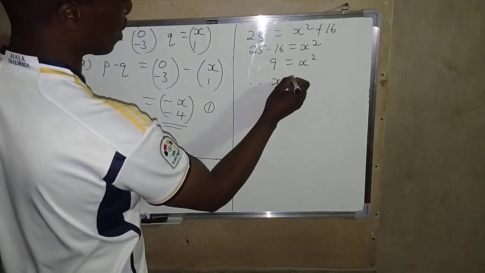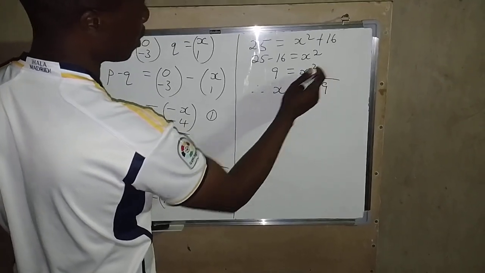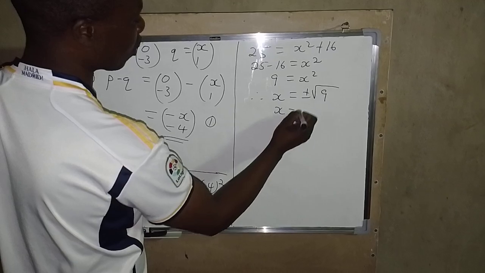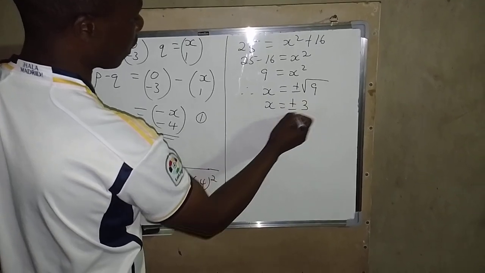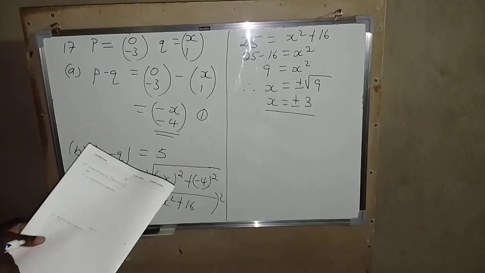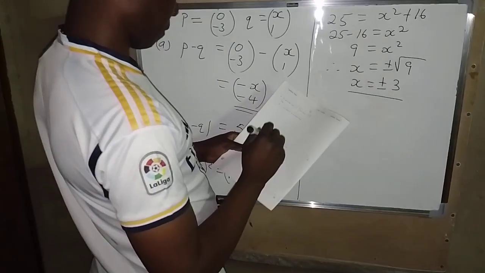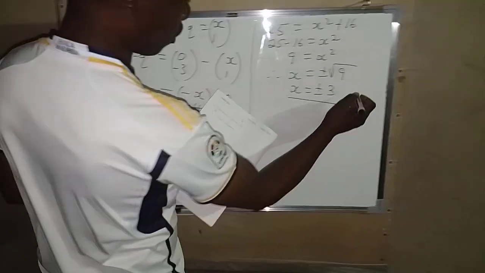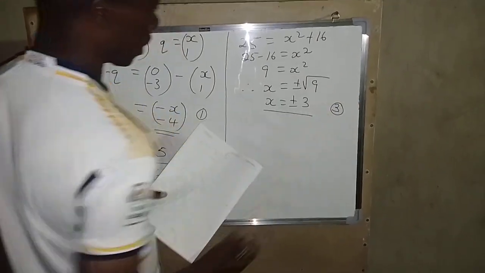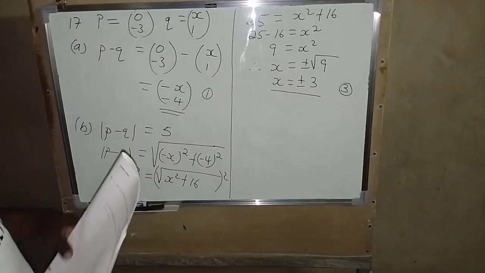Therefore, x is equal to plus or minus the square root of 9 to remove the square. So x is equal to plus or minus 3. So plus or minus 3 are the possible values of x for 3 marks. So this is our final answer.